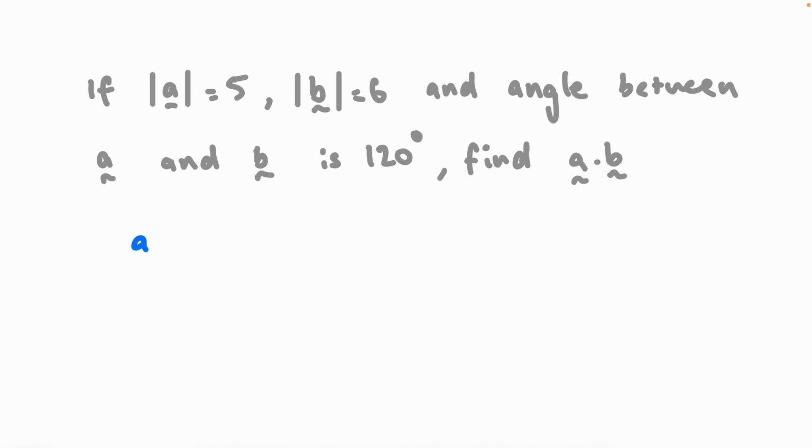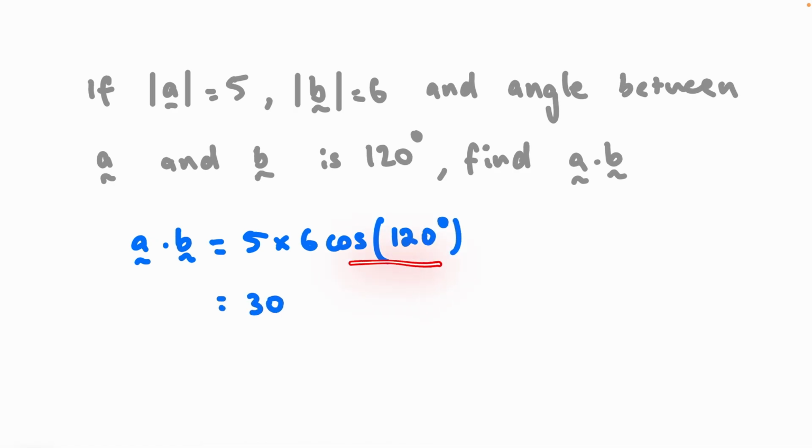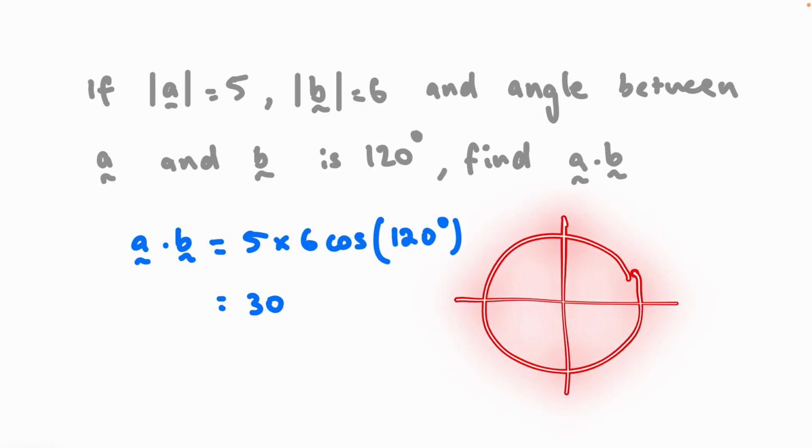If you want to work out A dot B, we take the magnitude of A, which is 5, times the magnitude of B, which is 6, and times the cos of the angle in between them, which is 120 degrees. So this is the same as 30 times the cosine of 120 degrees. To work out cos 120 degrees, you have a unit circle with the reference angle of 60 degrees here.